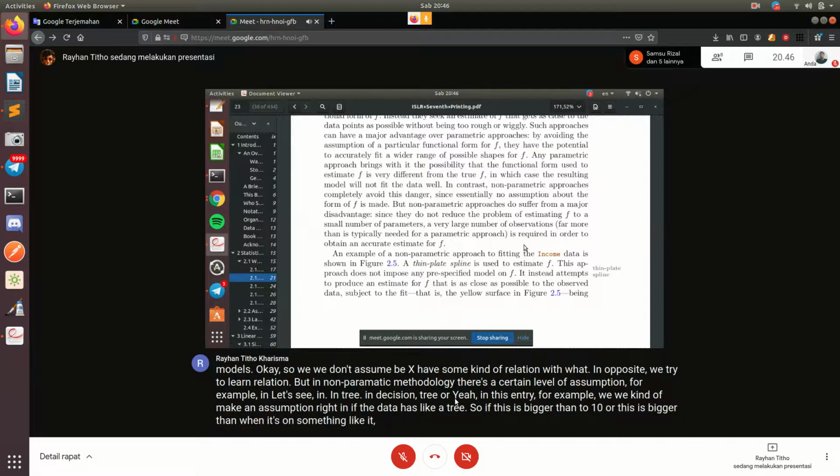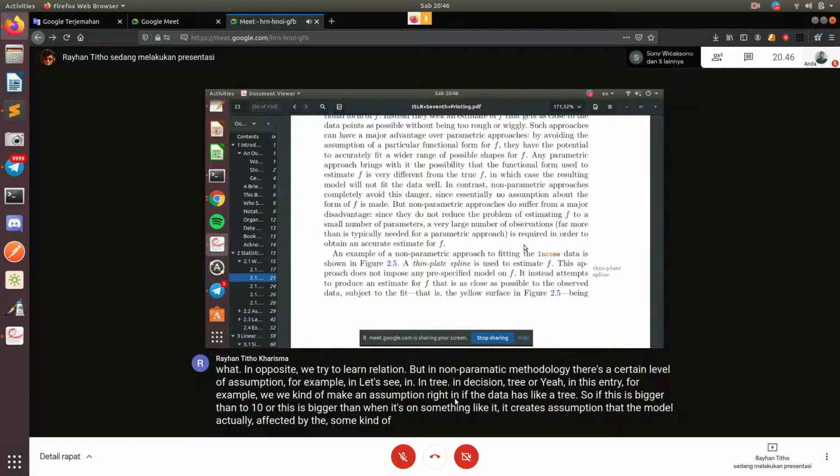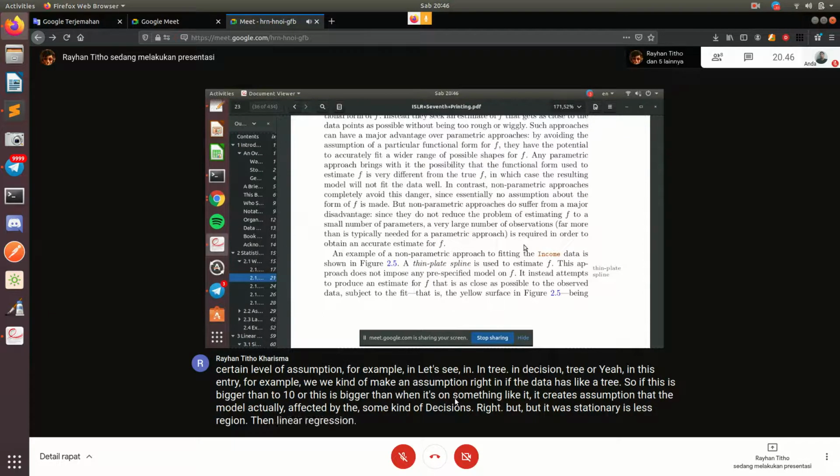It creates an assumption that the model is affected by some kind of decisions, right? But a decision tree is less rigid than linear regression or ordinary least squares regression, and it's a non-parametric approach.